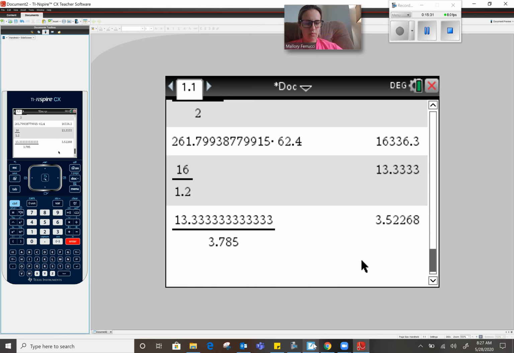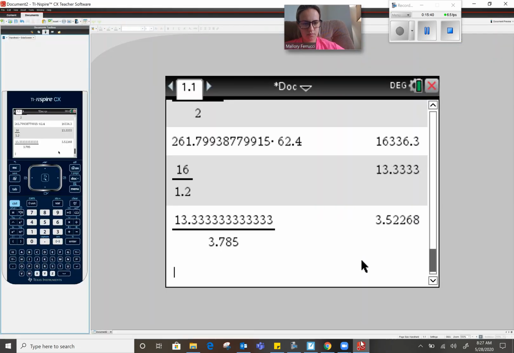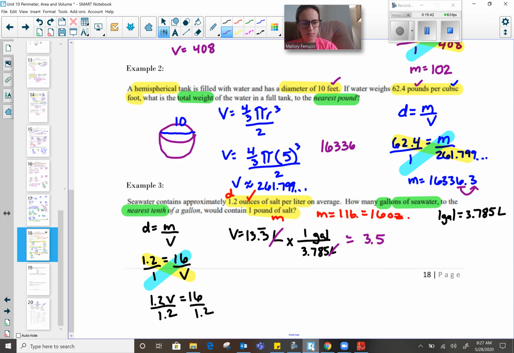We get 3.52268. Which to the nearest tenth of a gallon, I'm going to underline the tenths position, look to the right, that would stay the same, so it would be 3.5 gallons.